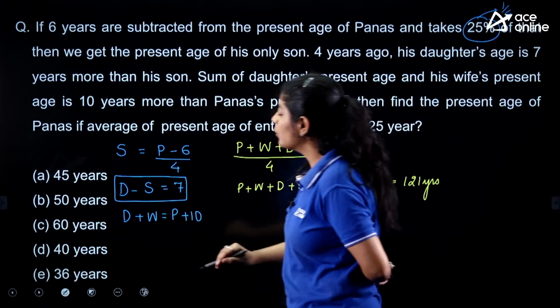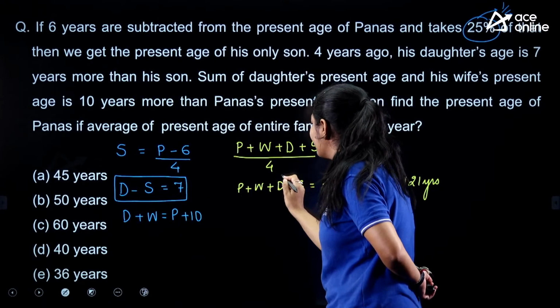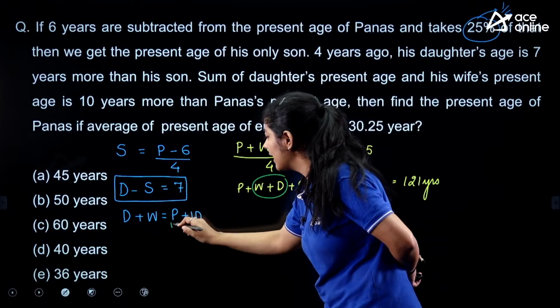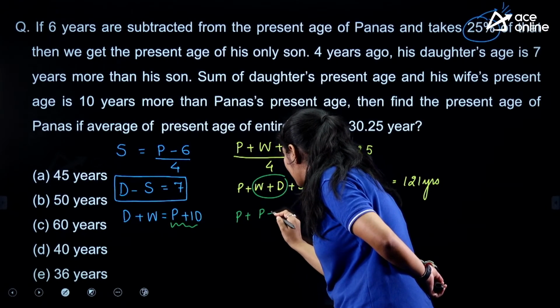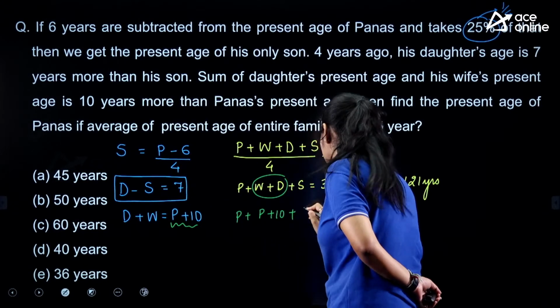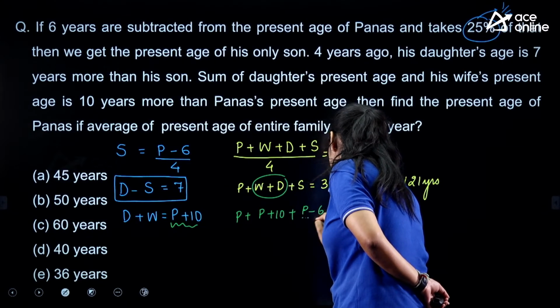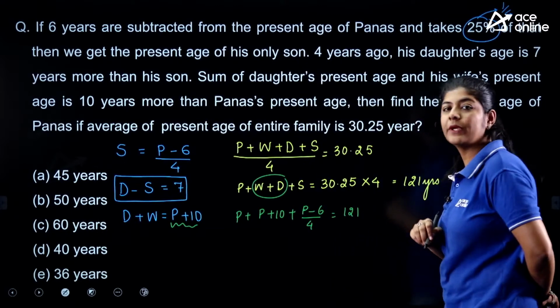Now we need to find the present age of Panas. We can replace this with the help of this one. So we can write P plus 10, and we can replace S with (P minus 6) by 4, which equals 121.